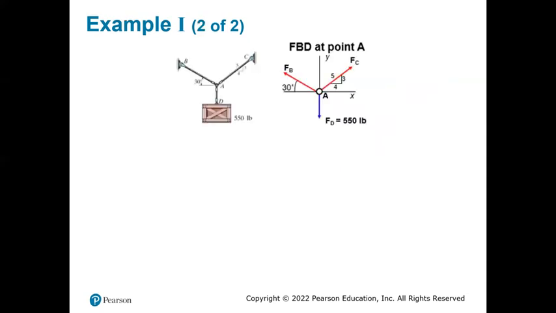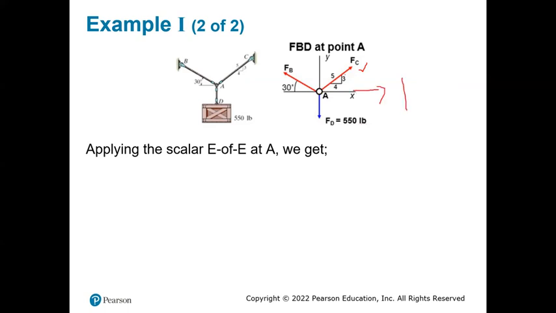I'm going to take my point A and now FC tension, FB, and the weight acting downwards. This is similar to the one we looked at in the previous slides. Then I'm going to apply the equations of equilibrium. So I have FC, and I know the angle. How do we get FC? Can you recall what we studied? Yeah, that's FC times 4 by 5.